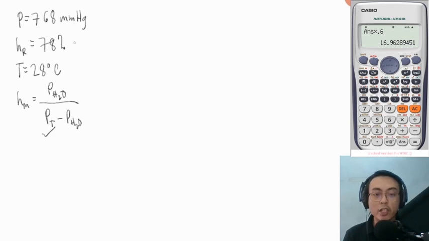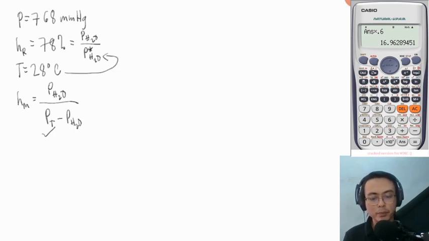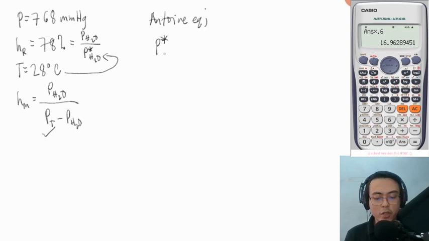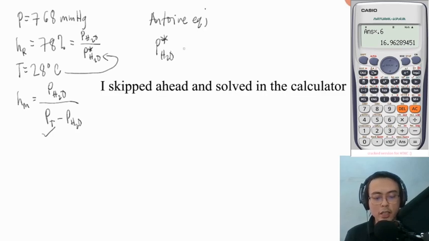You're given the relative humidity, which is the partial pressure of water over the vapor pressure of water. You're given the temperature. You know what's coming. You use the Antoine equation. So using the Antoine equation, we can readily solve for the vapor pressure of water at a temperature of 28 degrees Celsius.